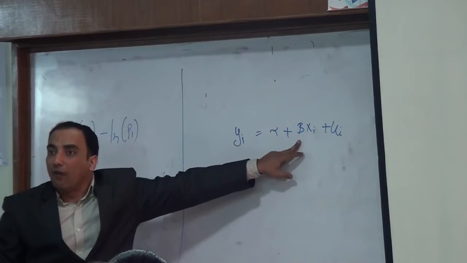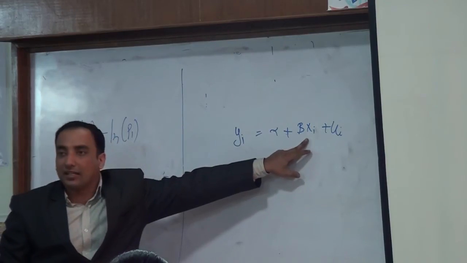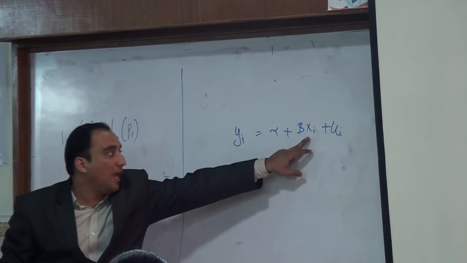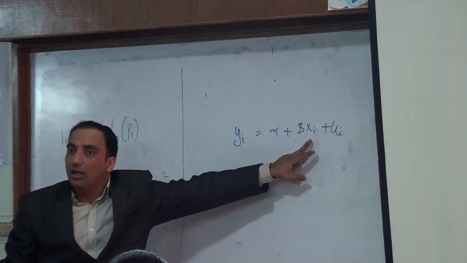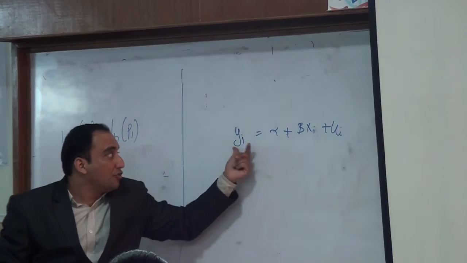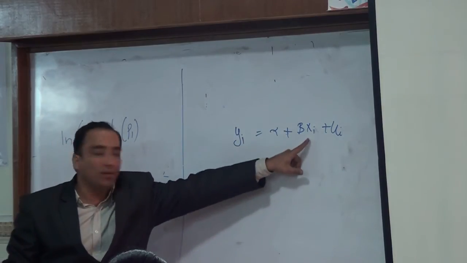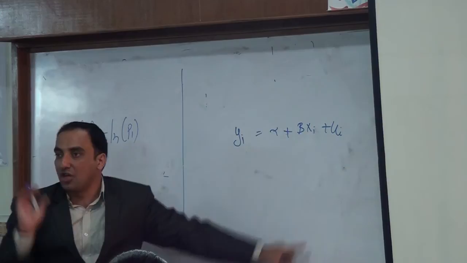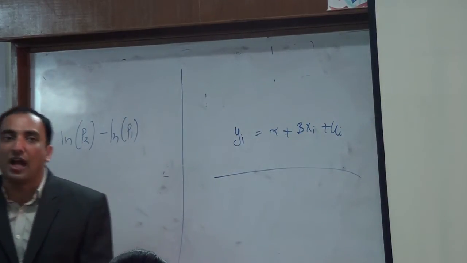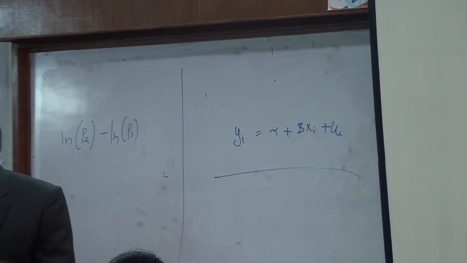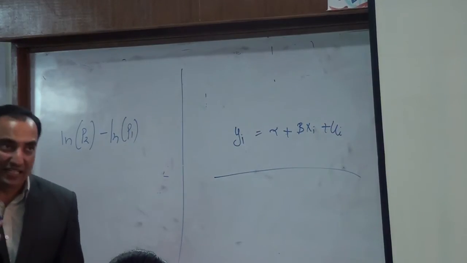Beta is for 1 unit change in x, what would be the change in y? Or the change caused in y due to a unit change in x. However, sometimes we are not interested in unit change. We are interested in the relative change or percentage change.